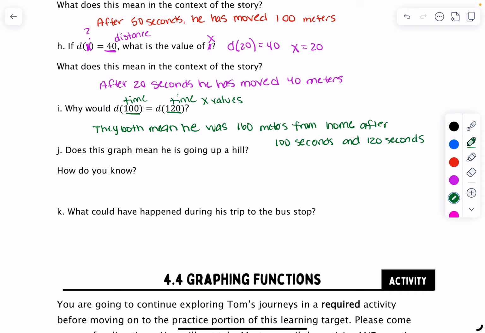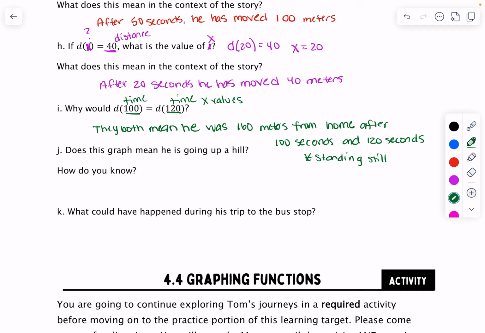In other words, if he's 160 meters from home after both 100 seconds and 120 seconds, that means he's standing still. Time is passing, but he's at the same place. So he's standing still, okay?